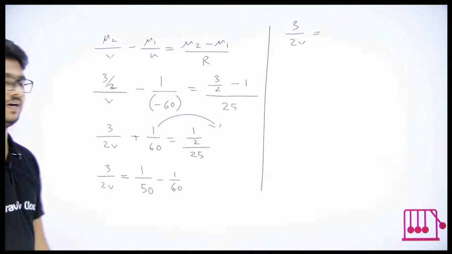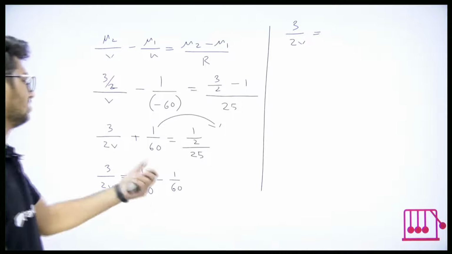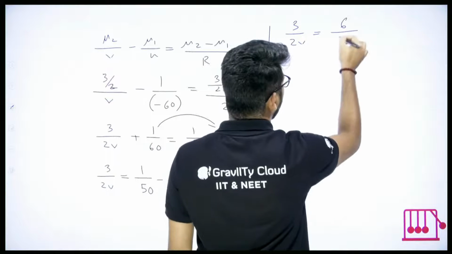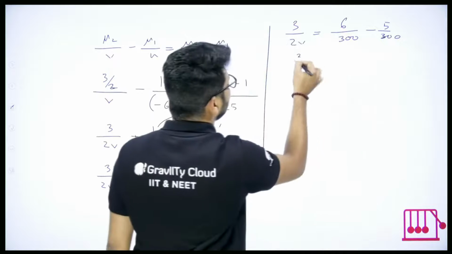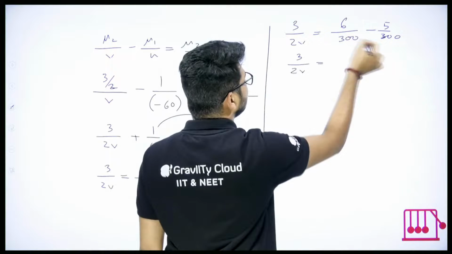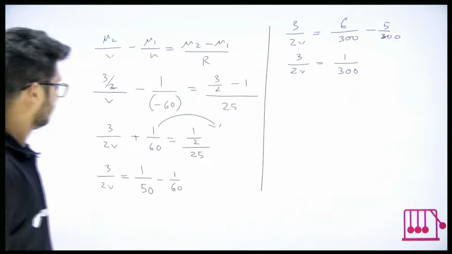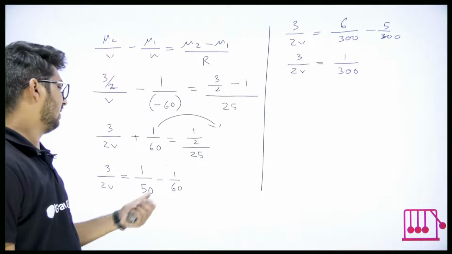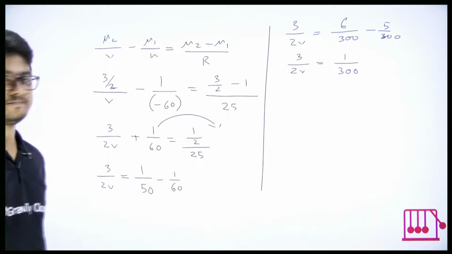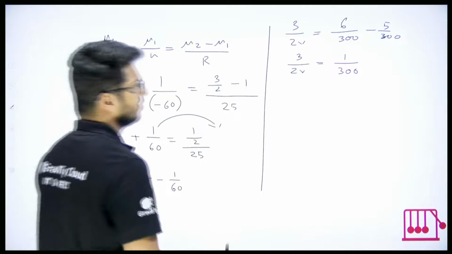If I take the LCM of 50 and 60, what is that going to be? 5 and 6, 30, so it is 300. So I can say it is 6 by 300 minus 5 by 300. So 3 by 2v is equal to 1 by 300. Is that correct? Yes, that's correct.